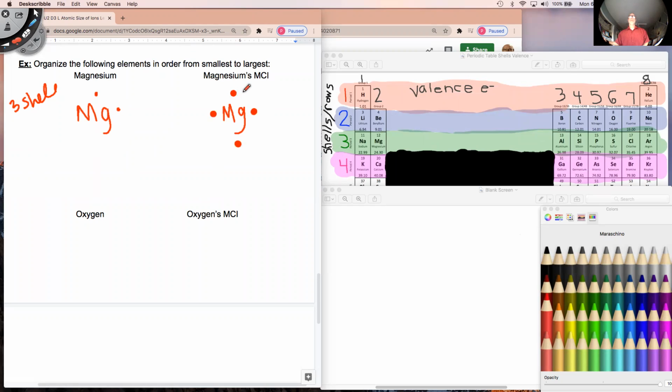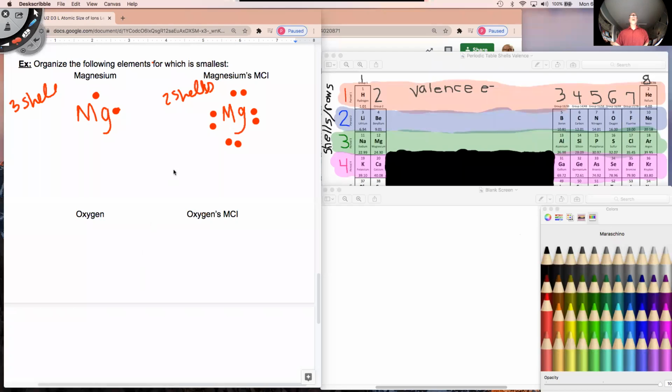But the magnesium ion is only going to have 2 shells, right? So what's that going to mean? Well, the one with 2 shells is going to be much smaller, okay?